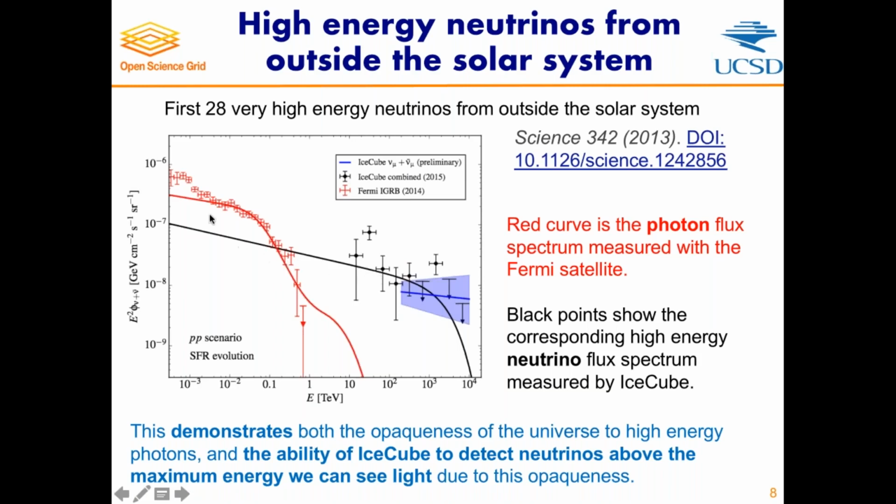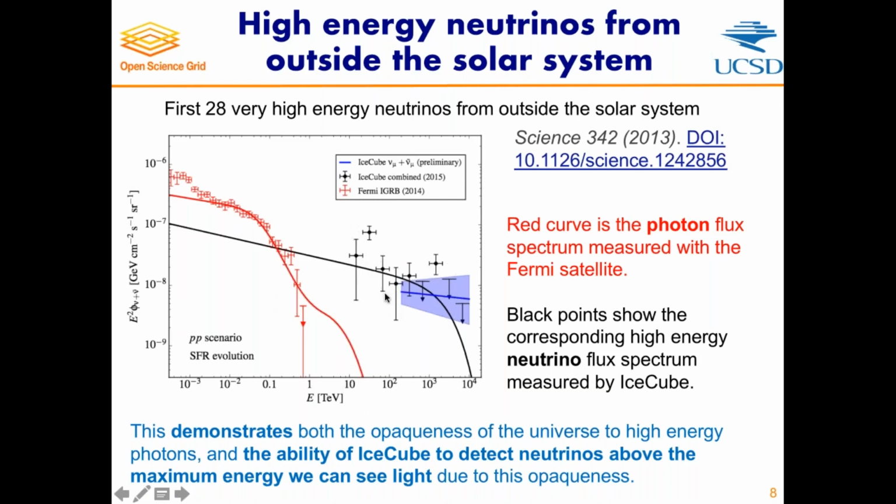And on this plot, you can see photons from a satellite, the Fermi satellite, and you can see that as a function of energy here, the photons peter out at around a TeV, and IceCube starts counting neutrinos at an energy of about 10 TeV or so.